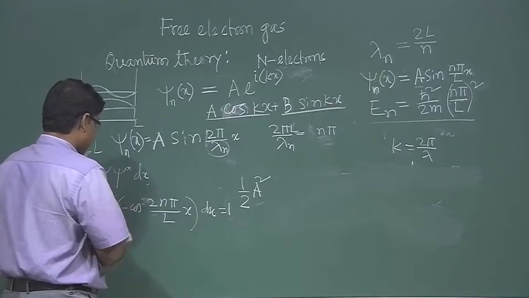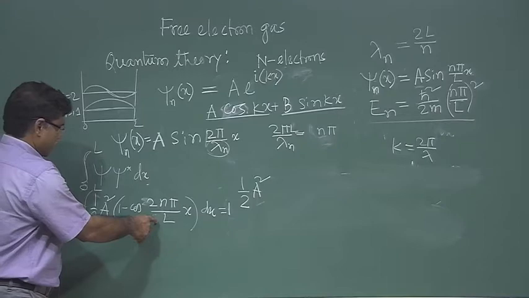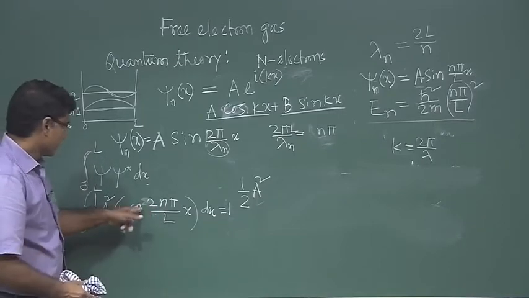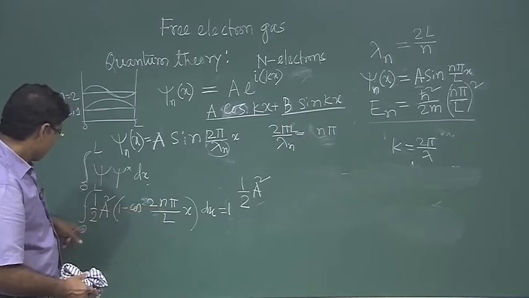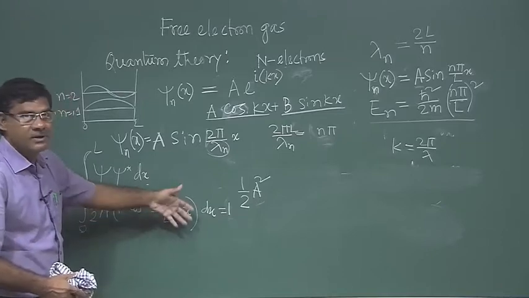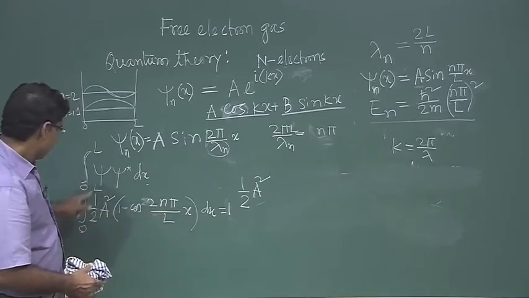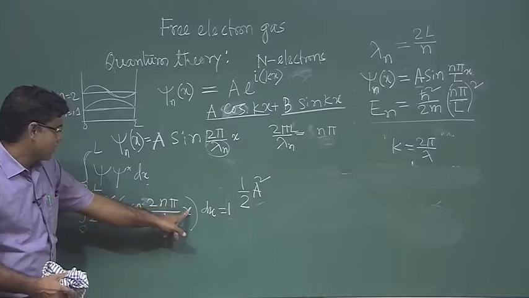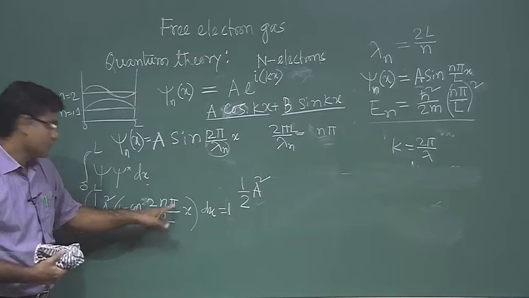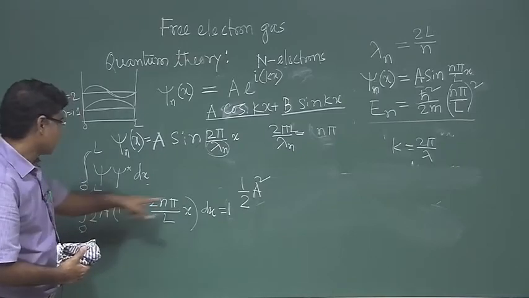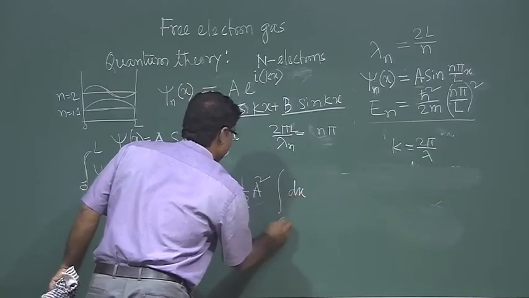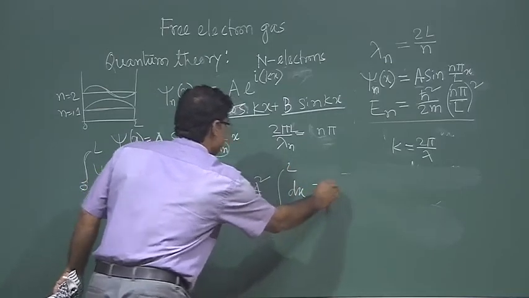So, if you integrate, this cos will become sine, and for the 0 limit, sine 0 is 0, and for L it will be sine 2 n pi, right. So, it is 0. This term will not contribute, so only the 1 remains, so integral dx from 0 to L equals 1, right.